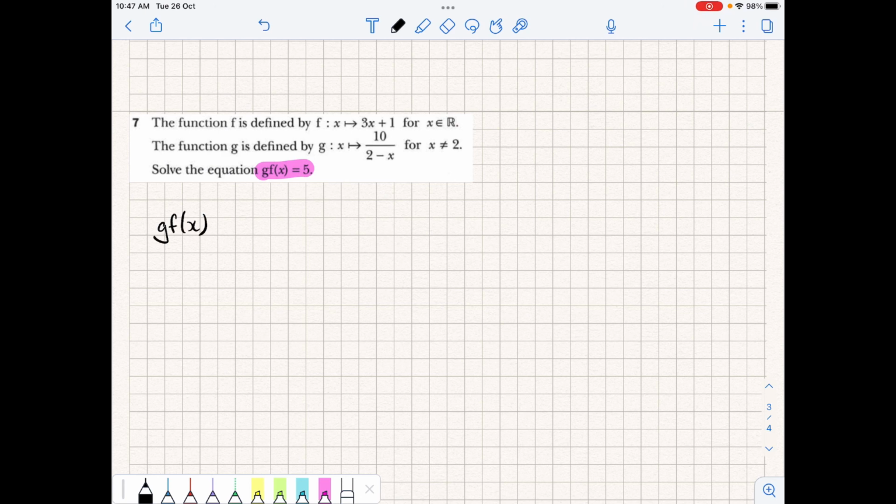So f of x is 3x plus 1. And we're going to take 3x plus 1 and put it into g of x. So we're going to say g of 3x plus 1. So everywhere in the function g, everywhere there's an x, we're going to replace that x with 3x plus 1. So we have 10 at the top, divide by 2 minus, and here's where we're going to replace this x.